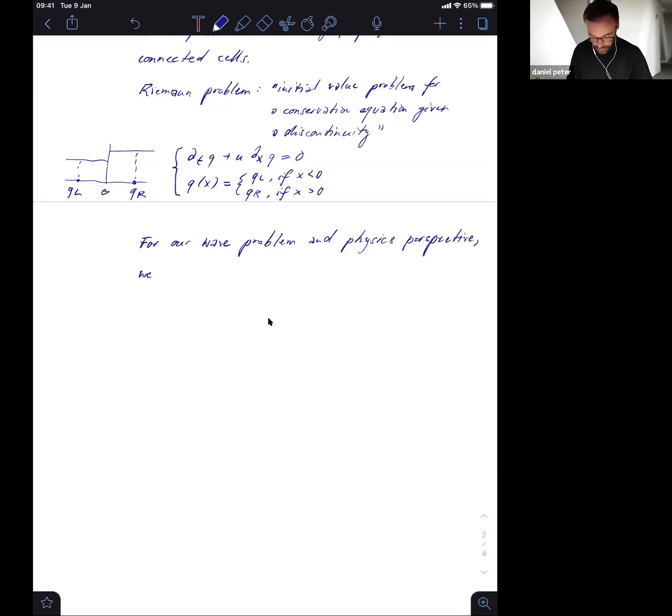We want the normal component of the stress at the cell faces, the cell boundary, on an interface being continuous across the interface.